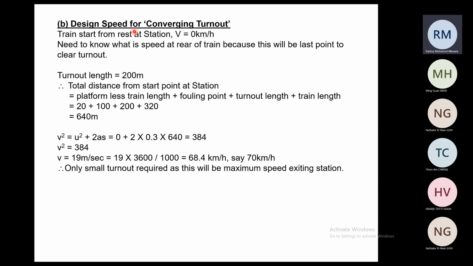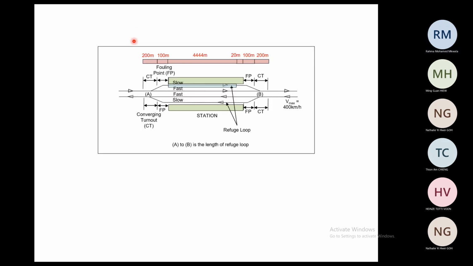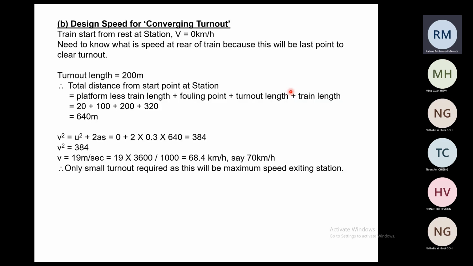So what it means is that there is one train that comes into the station, it will stop, and the second train arrives at this station, but it will bypass it, it won't stop at the station, it will just pass through the main line, continuing to move without stopping. So what is the safe distance between these two trains? What is the headway between the first train that stops at the station and the second train that does not stop or bypasses the station? So what is the headway?